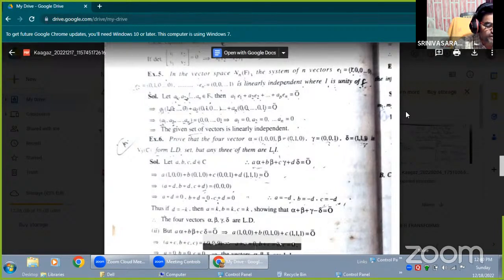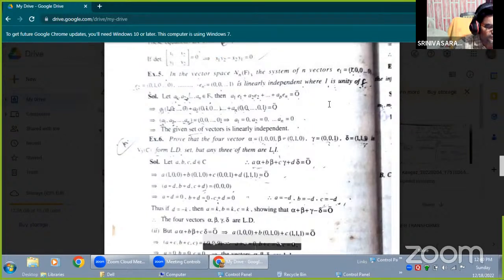So V2 of F is linearly independent. In the same manner for V3 of F, 1 0 0 in the first row, 0 1 0 in the second row, 0 0 1 in the third row. Find the determinant; that is also not equal to 0. So that's enough: V3 of F, sometimes R cube of R, is always linearly independent, because that is the usual basis.